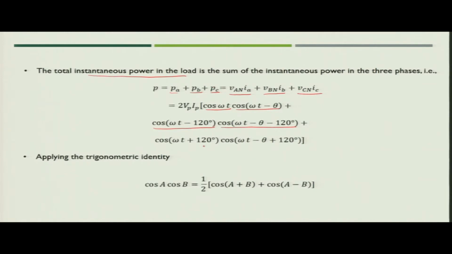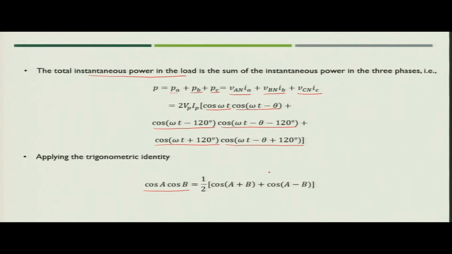Similarly, for C phase you will have cos omega t plus 120 degrees multiplied by cos omega t minus theta plus 120 degrees. Now, we will use the trigonometric identity which says that cos A into cos B is equal to 1 by 2 times cos A plus B plus cos A minus B.